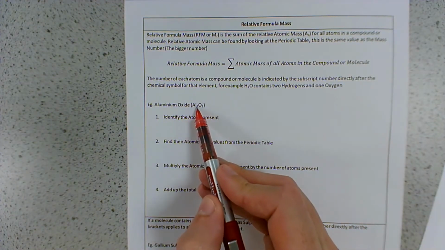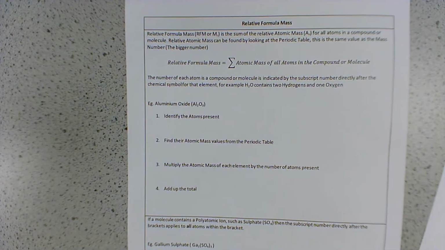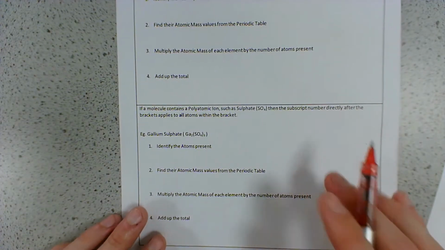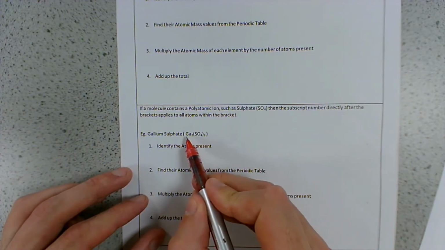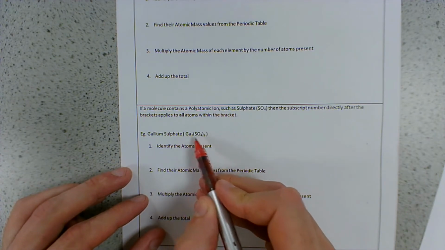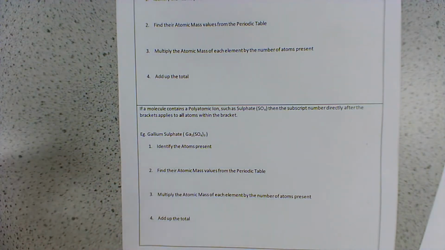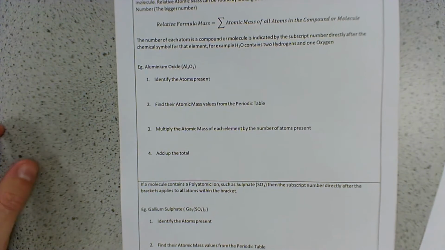So we've got Al and O. Al is aluminium and O is oxygen. If we look at this example down here, we have 3 capital letters. We have a capital G, capital S, capital O. So we have Ga, gallium, S, sulfur, O, oxygen. So by looking for capital letters, you can identify how many different elements you have each time.